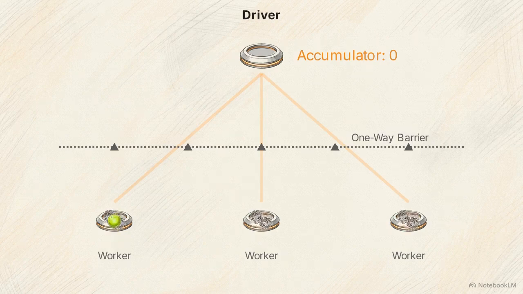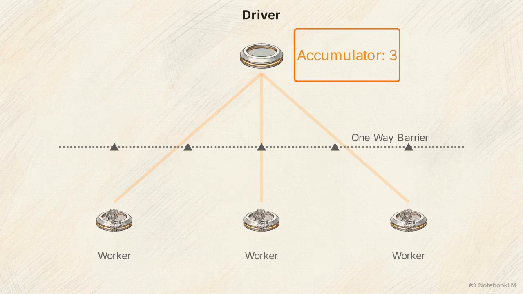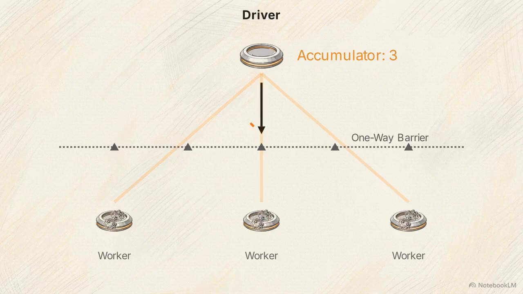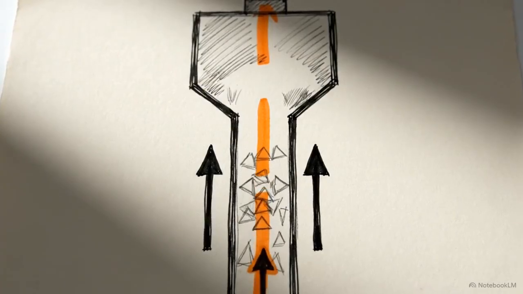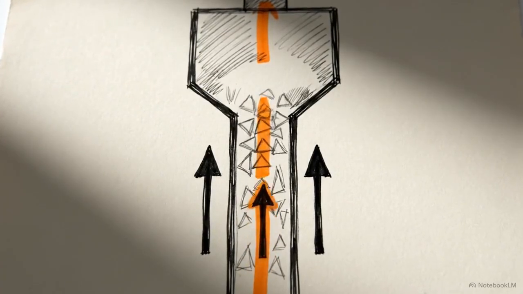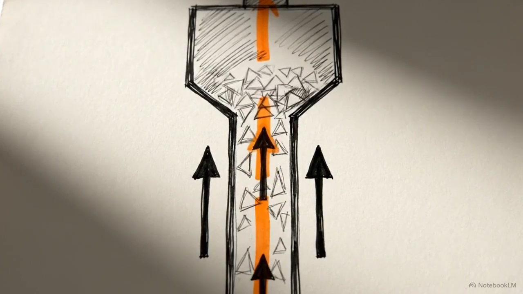Workers use associative operations to push increments into a shared channel, securely aggregating a single global value. To maintain peak performance, workers are strictly limited to writing to the accumulator. Only the driver node has the authority to read the aggregated value. Accumulators provide a specialized write-only pipeline that allows for global state aggregation without the need for a cluster-wide data shuffle.